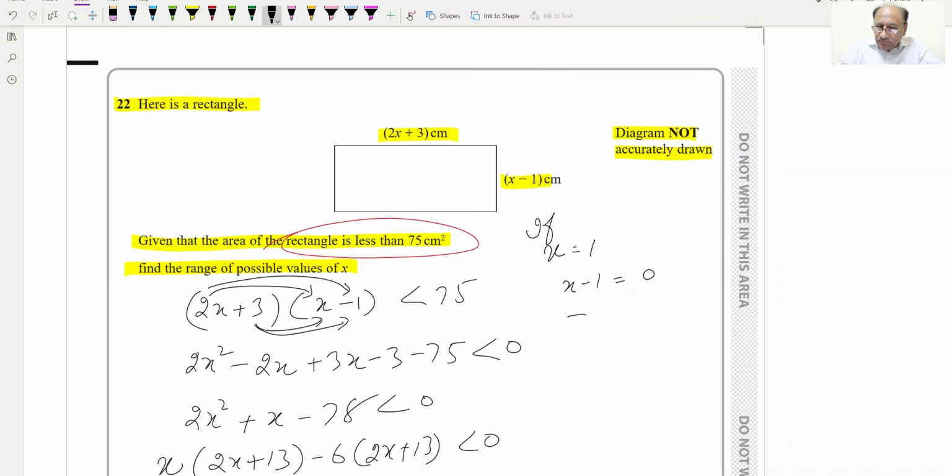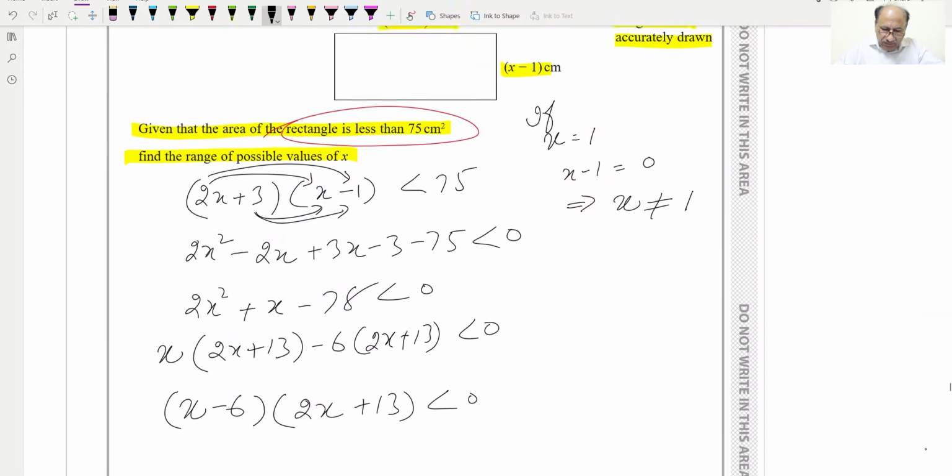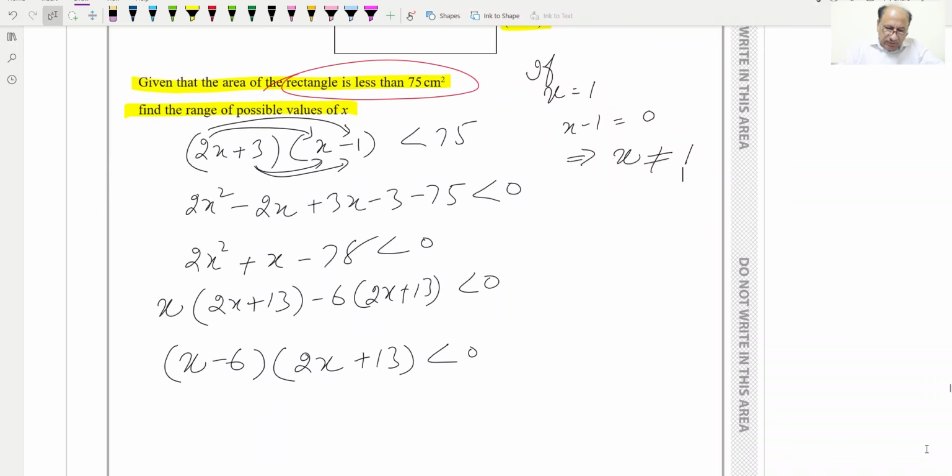So this implies x cannot be equal to 1. This is the first thing which we got. Now the second thing is that we are getting that x is less than, if we solve this one, x is less than 6. So this is the information we got.